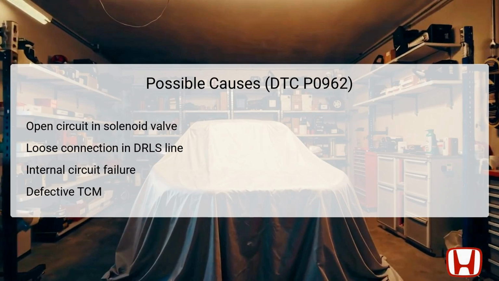Additionally, the internal circuit of the solenoid could fail, interrupting its ability to function effectively. Lastly, a defective Transmission Control Module, TCM, might misinterpret the feedback from the solenoid, leading it to store this DTC. It's essential to check each of these components systematically to diagnose the root issue accurately.